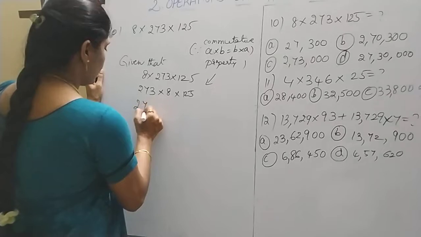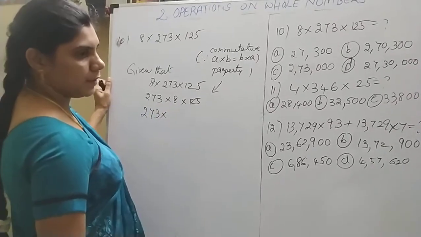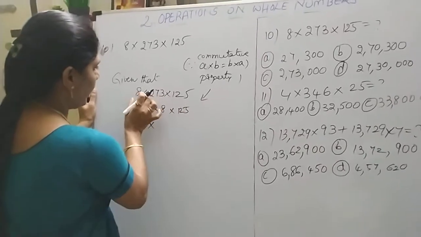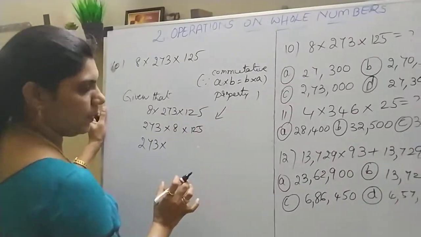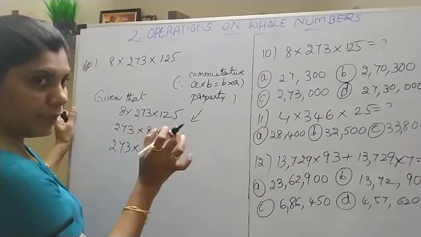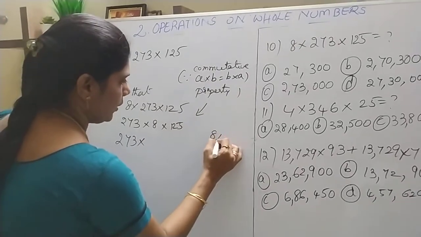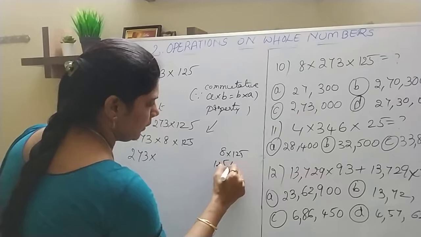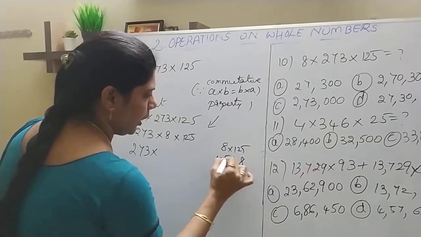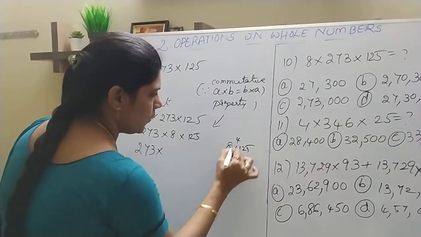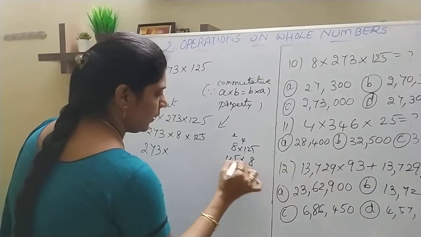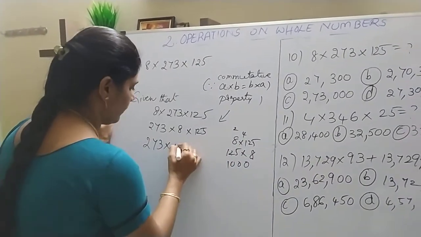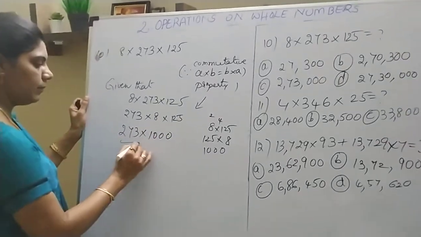Why? Because we are writing this one to simplify our calculation, to avoid lengthy calculation. See here. So 8 into 125, so 125 into 8. See. 8 5s 40. 8 2s 16 plus 4 20. 8 1s 8 plus 2 1000. You got 1000 here.